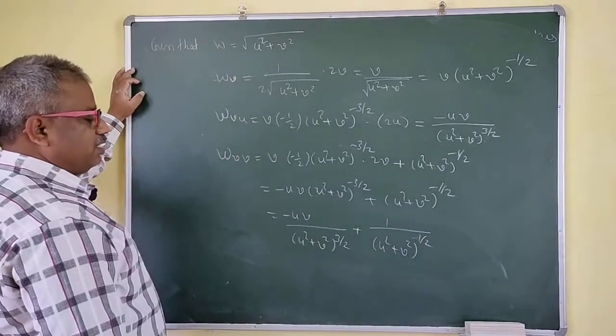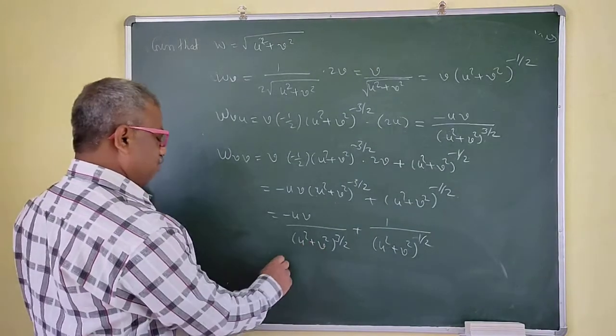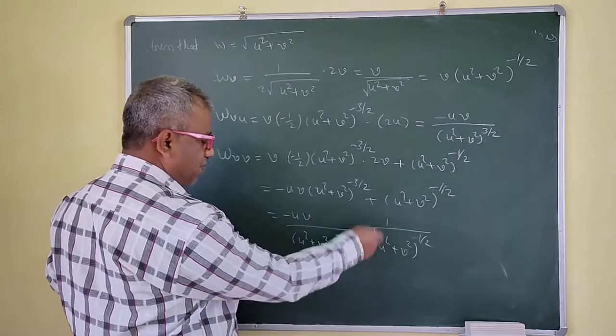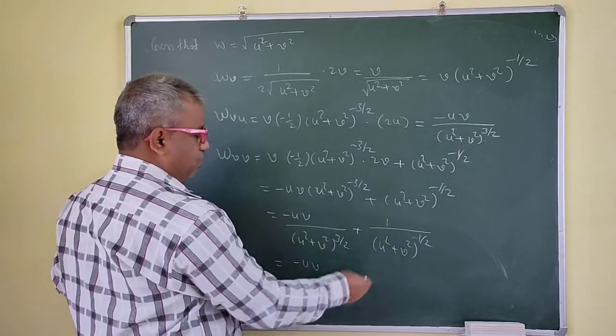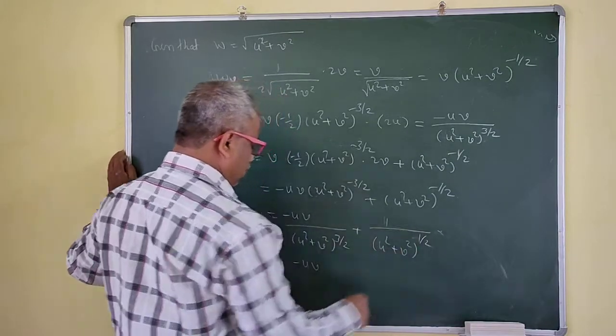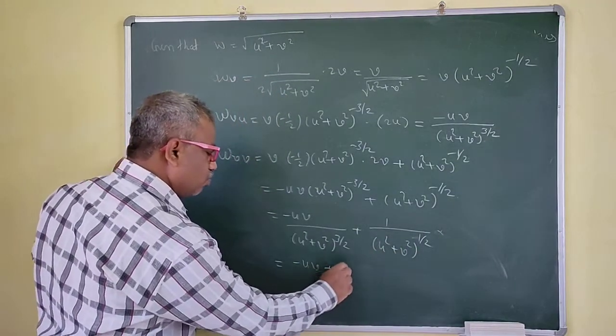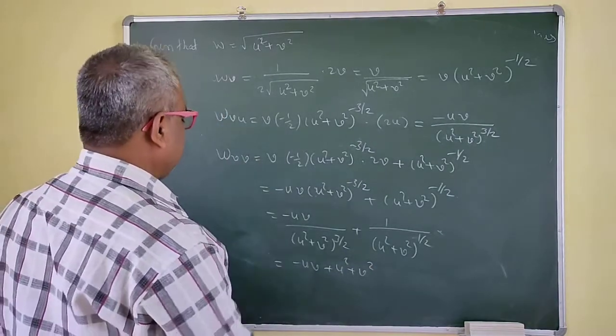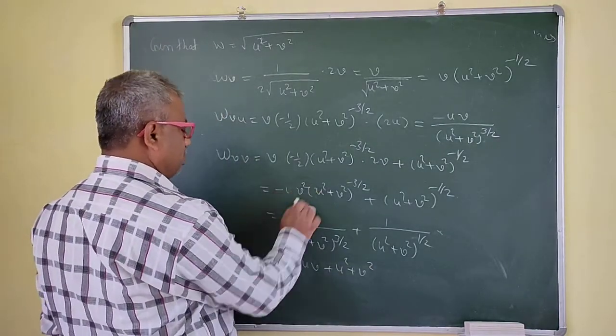Okay, so what is your LCM then? This is your LCM. So minus uv, and if you multiply and divide by u square plus v square, we get the power 3 by 2. So plus u square plus v square. This is not uv, this is v square.